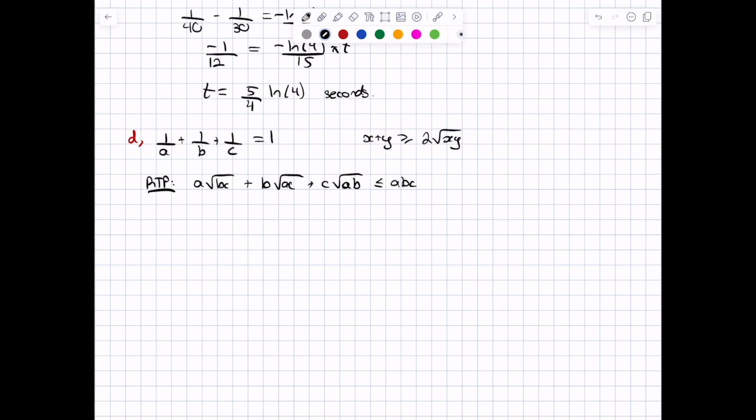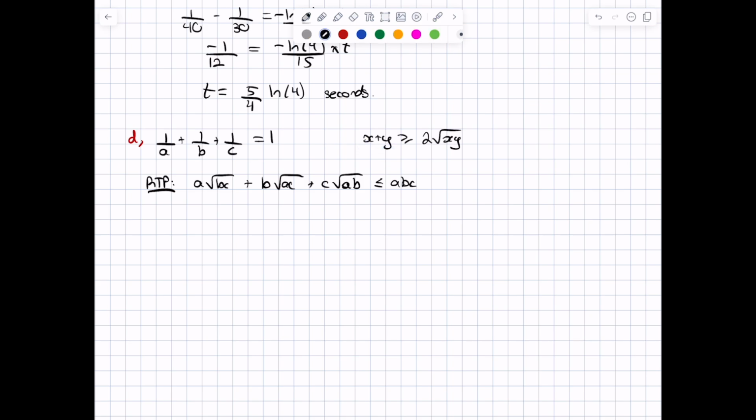Now, when I look at what I'm trying to prove here, I can notice that there's a square root involved. So that looks like I'm probably going to have to use the AM-GM to involve that square root. But the question is, how am I going to do that? What's going to be my x and what's going to be my y?